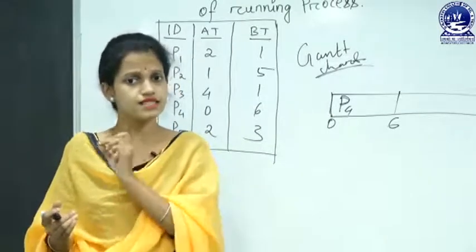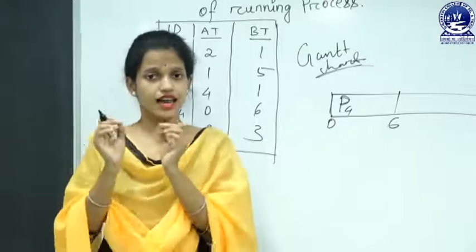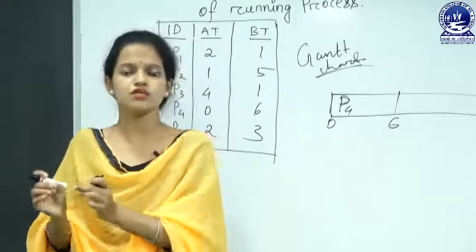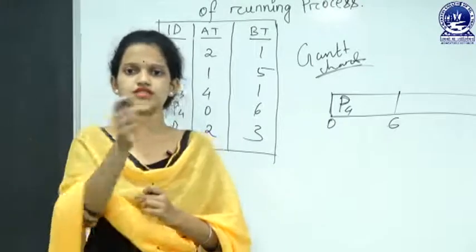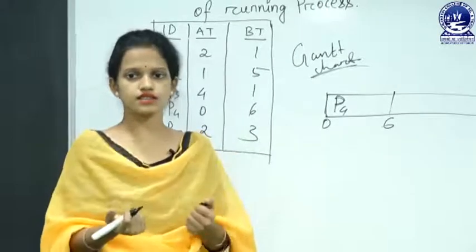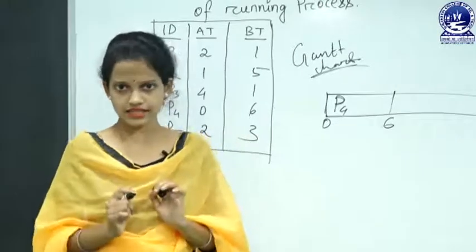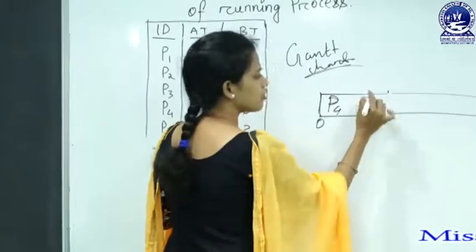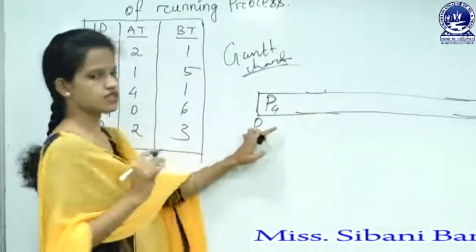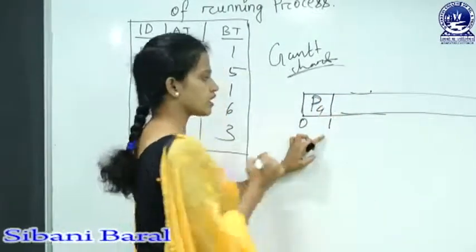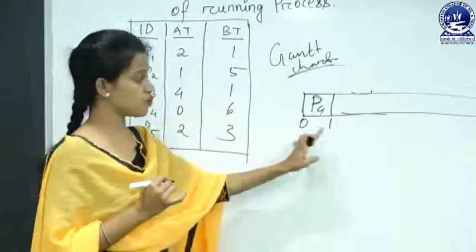At each and every unit of time, the short term scheduler checks the ready state. Is there any process that comes at each and every millisecond? So P4 will not continue its execution. After 1 millisecond, it will have continued its execution for 1 millisecond.